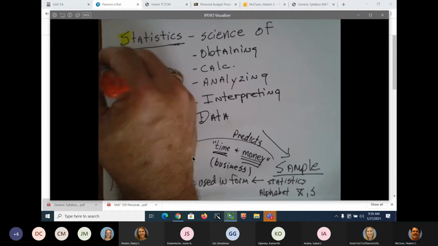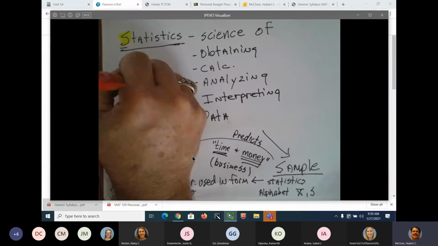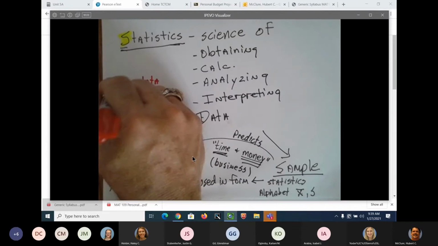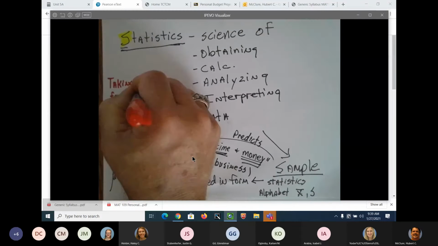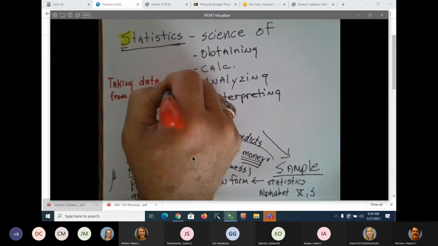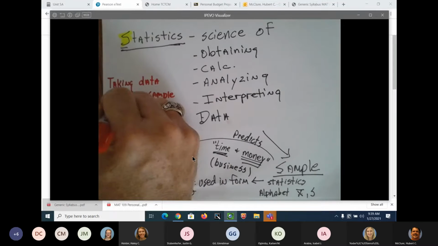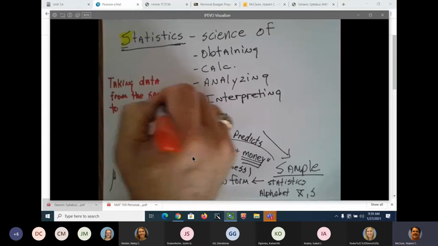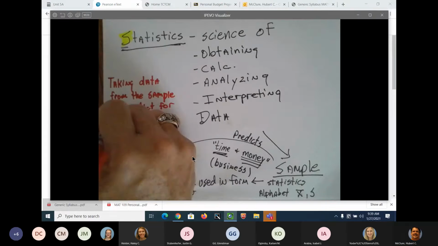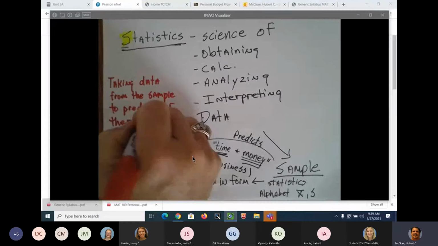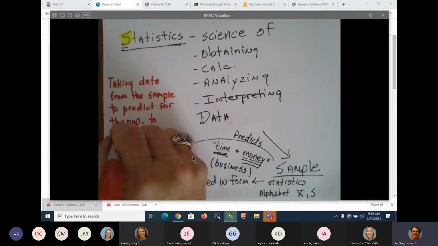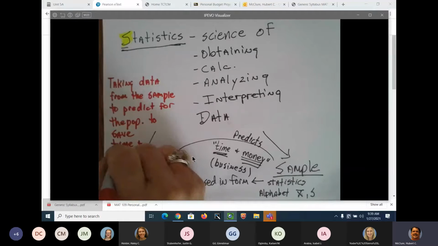Taking data from the sample to predict for the population, to save time and money.